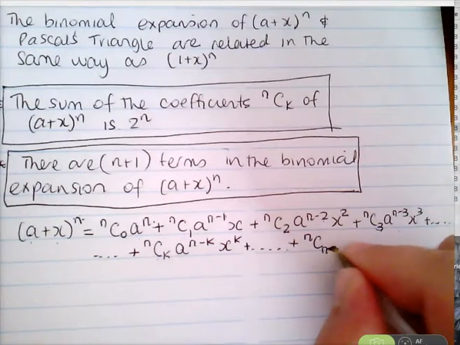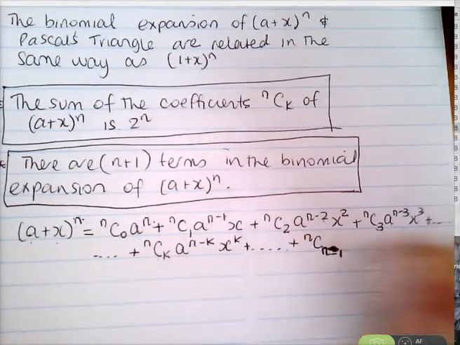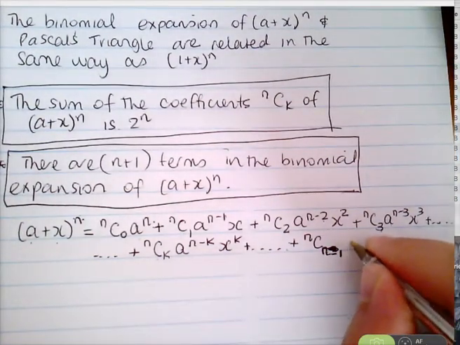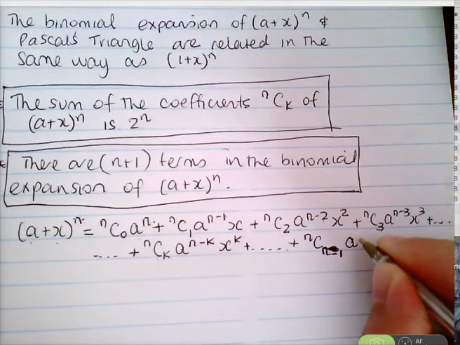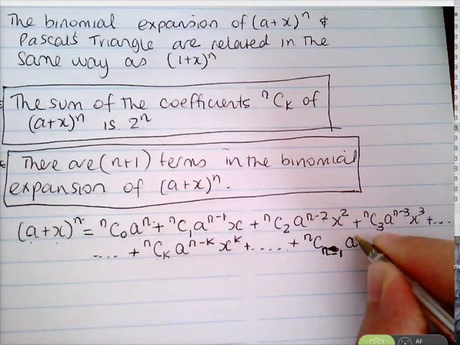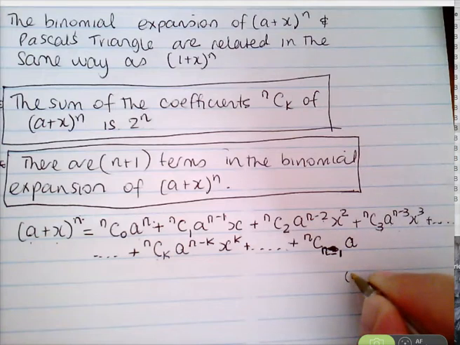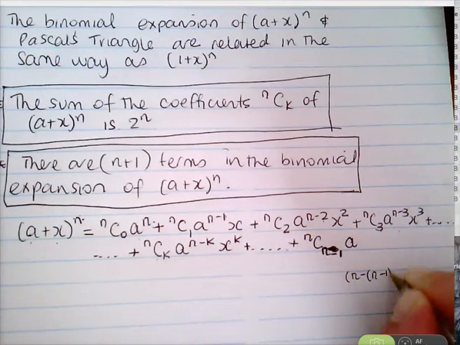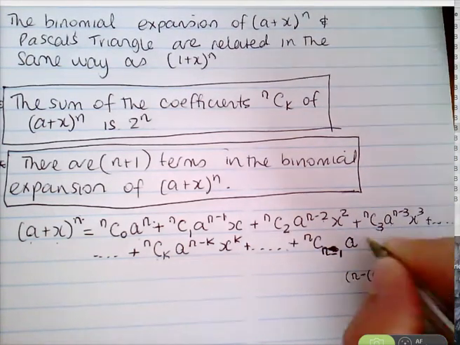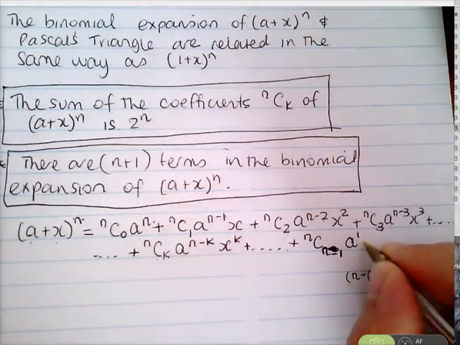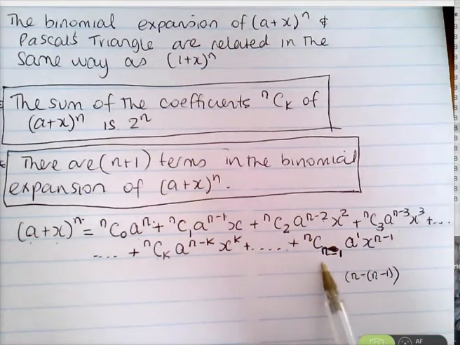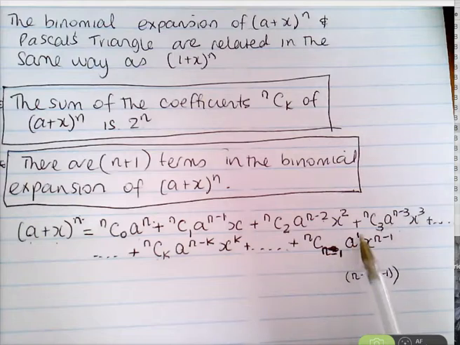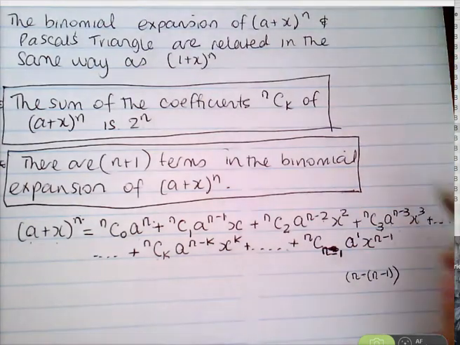Actually, we can. nC(n-1), I would have a to the n minus (n-1), which is n minus n plus 1, so a to the 1, and we'd have x to the n minus 1. So this is nC(n-1) a^1 x^(n-1).